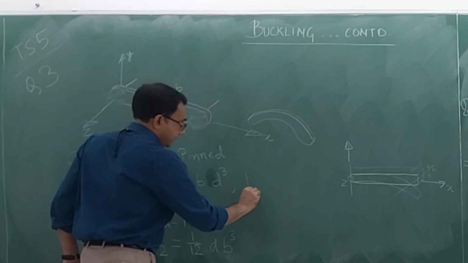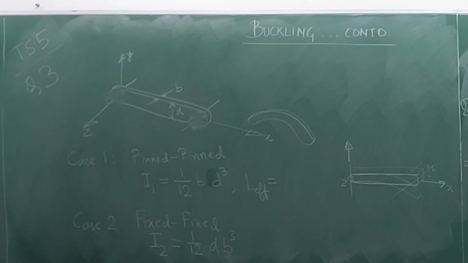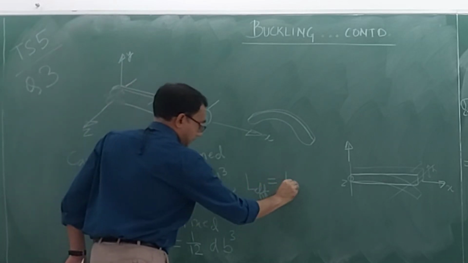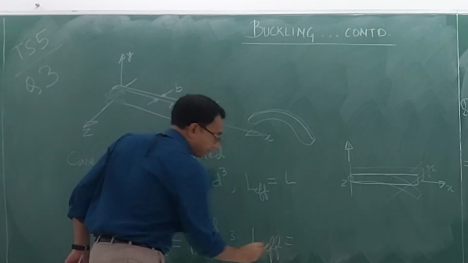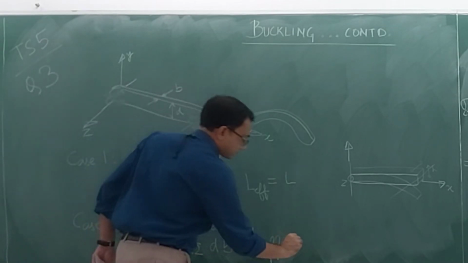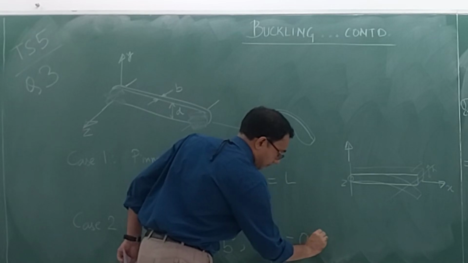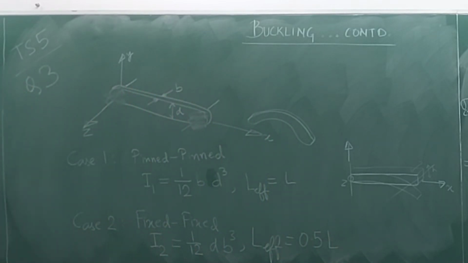The L effective here will be what? L. And the L effective here will be what? Well, we have not done the case, but it is going to be 0.5 L. Okay. This is 0.5 L.